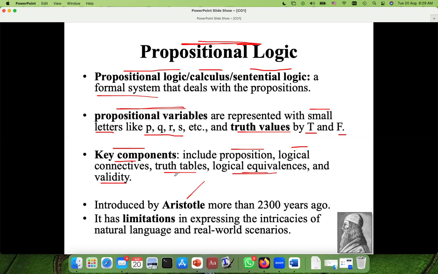But when you study this in the upcoming slides, at some point you will feel that propositional logic is not something good.